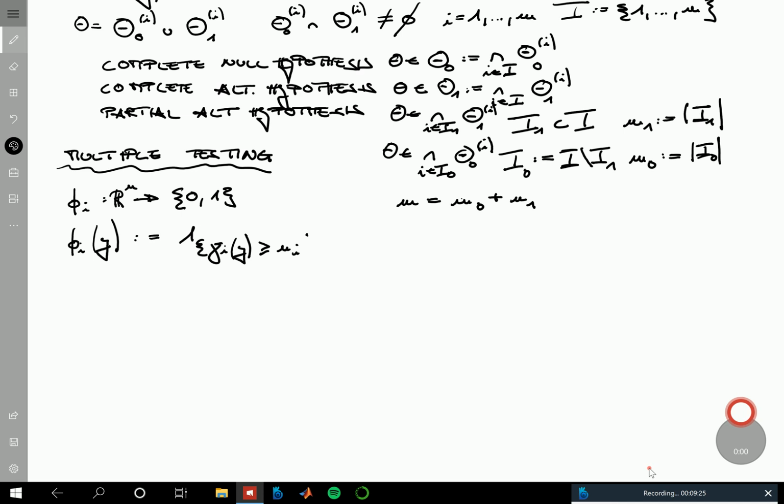So essentially this just means that every single test is of the form that you're familiar with from the one sample t-test, and these gamma I are these test statistics.